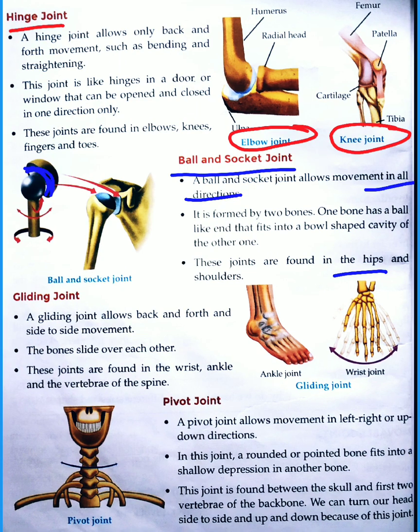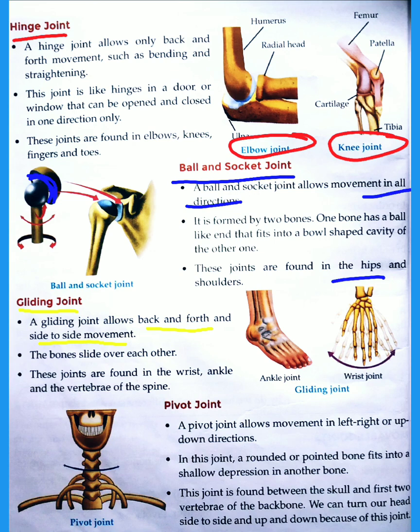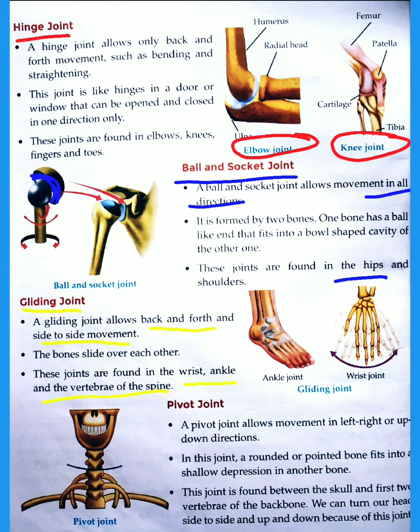The next one is the gliding joint. So a gliding joint allows back and forth as well as side to side movement. These joints are found in the wrist, ankle and vertebrae of the spine. The last one is the pivot joint. So a pivot joint allows movement in left, right or up down direction.